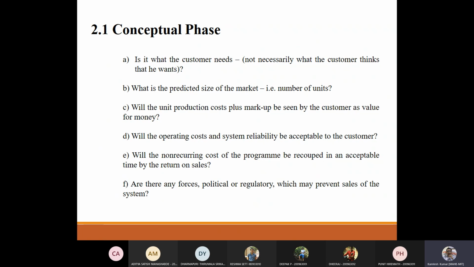If you are spending a huge budget in the future and you are not able to sell even 1 or 2 units, then what is the need of that, correct? You have spent huge money as well as human resources, and after that, if no one is purchasing and no customer is available for that product, then what is the need of that? Okay, so a very important point.